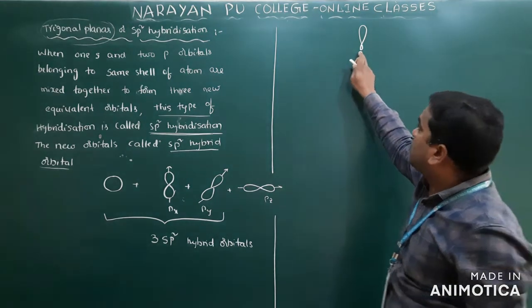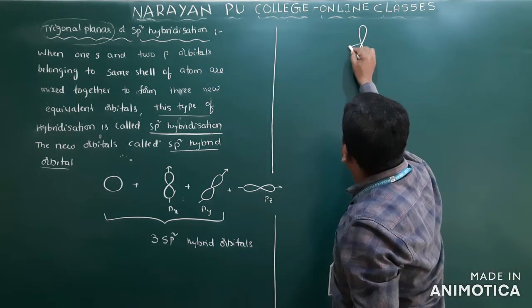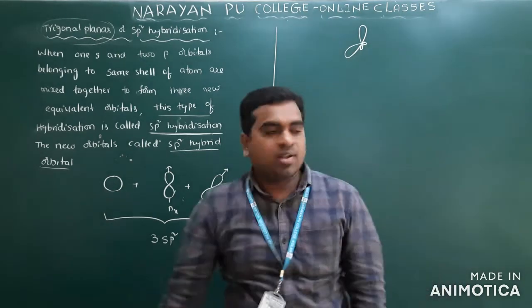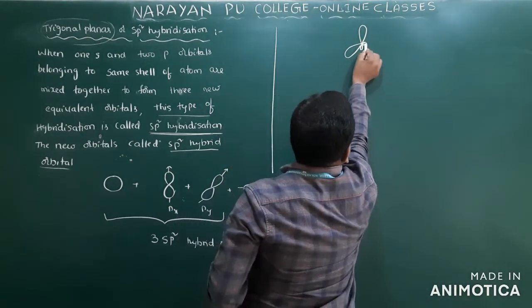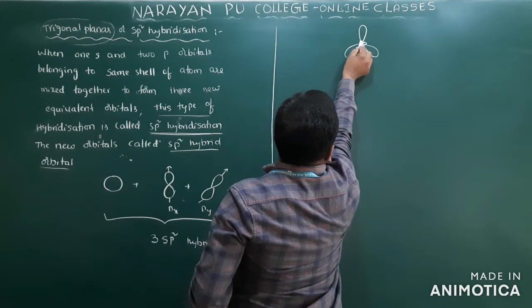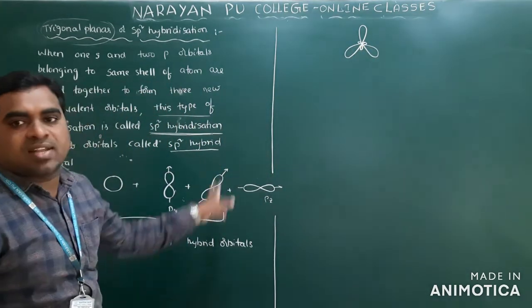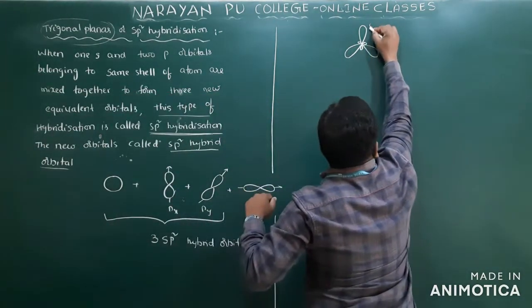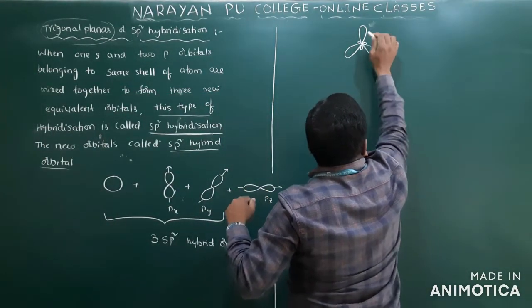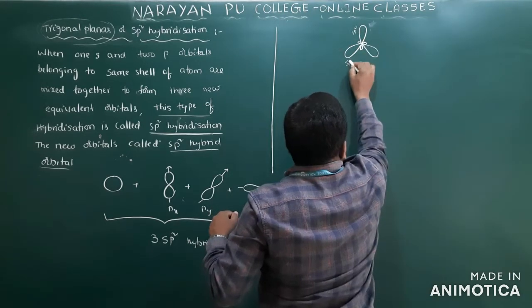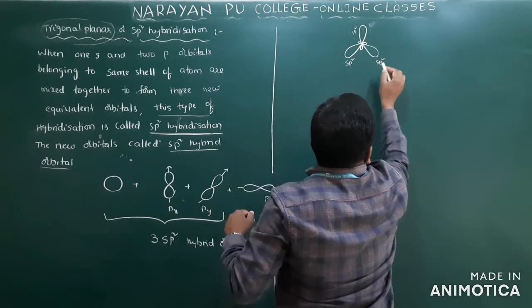This is one sp2 hybrid orbital, and the second one is another sp2 hybrid orbital. And the third one, this. How many sp2 hybrid orbitals are there? Total 3. All are sp2 only.